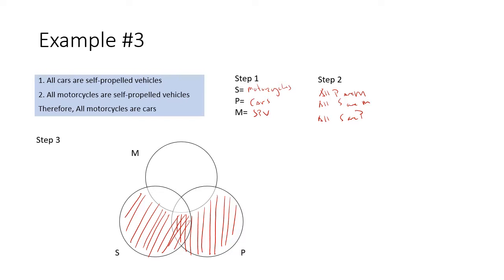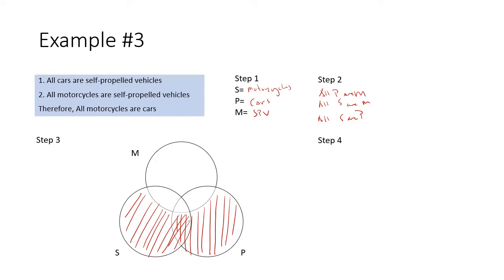Empty is empty. But that overlap actually tells you a little something about the validity of this argument, which is that this argument is not going to be valid. So the conclusion here is all S are P. And what that means is if you had that picture, then another crescent would be shaded in.